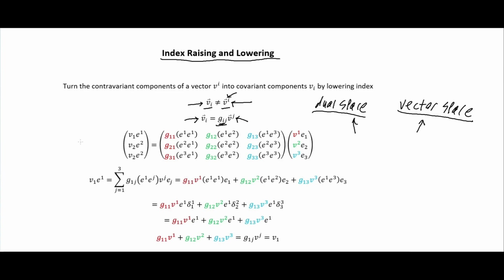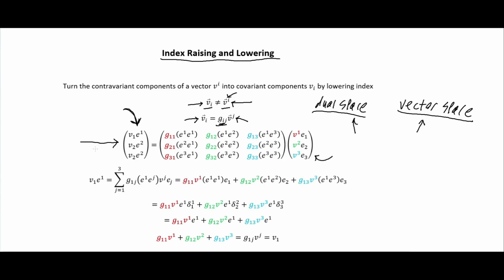Here I have it written out in matrix form. I have our covariant vector here and our contravariant vector here. This covariant should actually be a row vector, but like I said, this is non-rigorous, and I'm just doing it like this because I like the way it looks better for our purposes here.